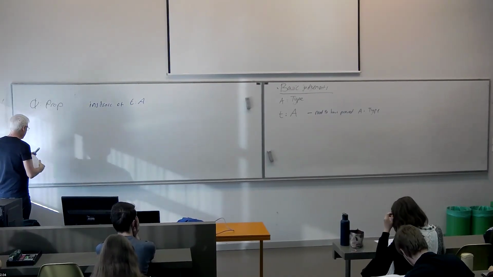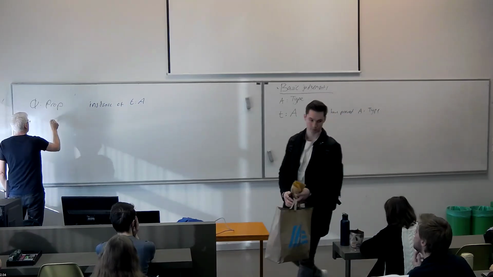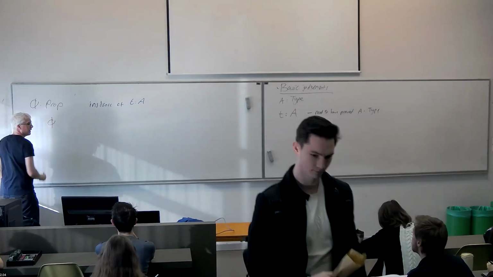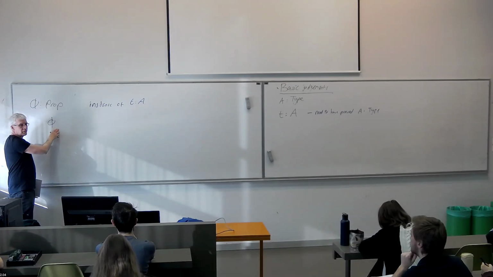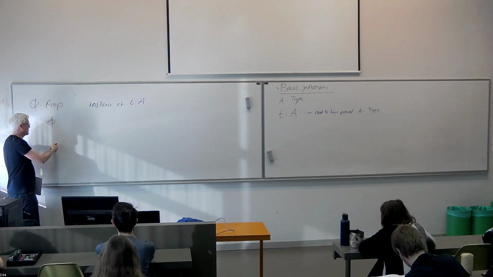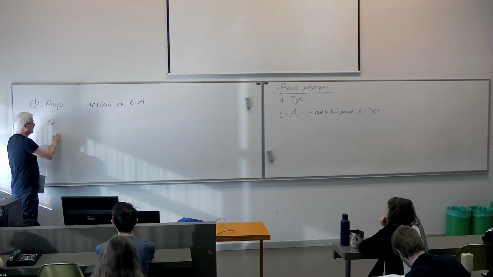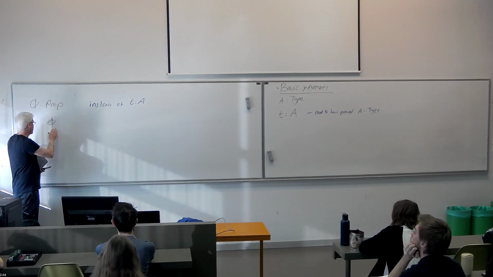And then we had another very important judgment, just phi itself. And this was the judgment that said that in order to do logic, we wanted to prove that things are true, so to speak, under our assumptions, or provable would be a more constructive way of looking at it.